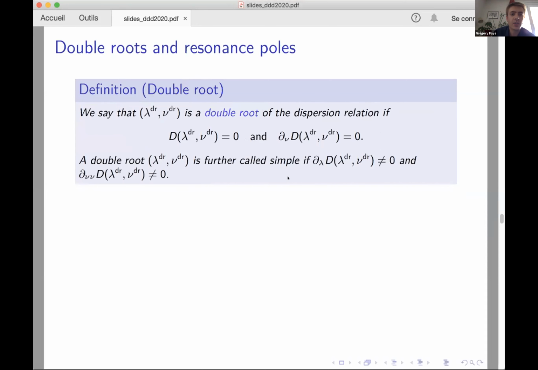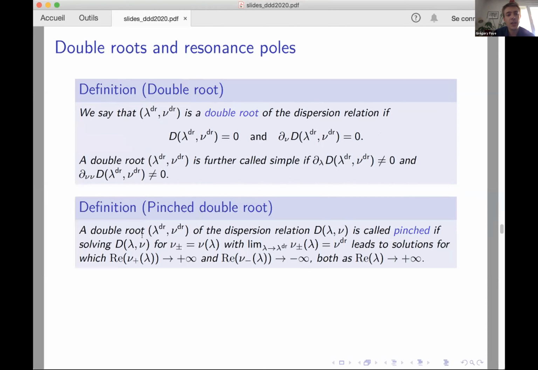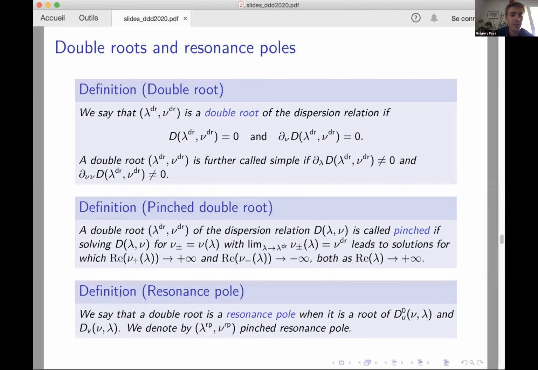We say that a double root is pinched if, when you solve now for lambda and you let the real part of lambda go to plus infinity, then each root goes either in real part to plus infinity or to minus infinity. I will not be talking too much about pinched double roots, but they're somehow important here.